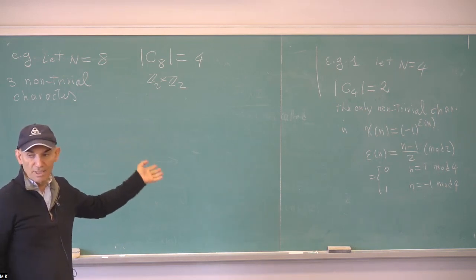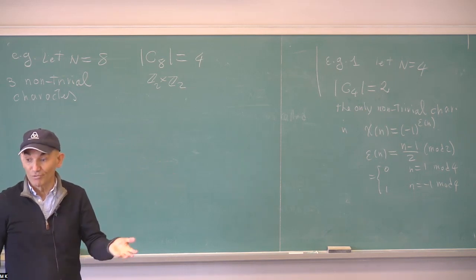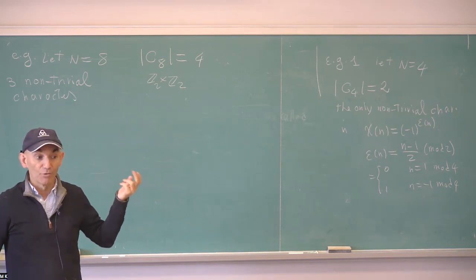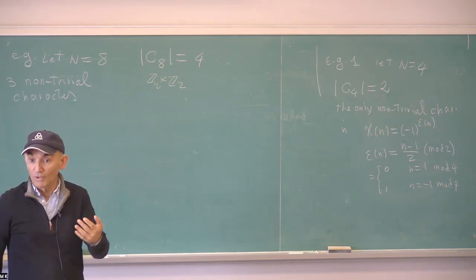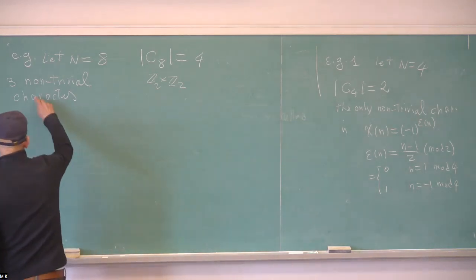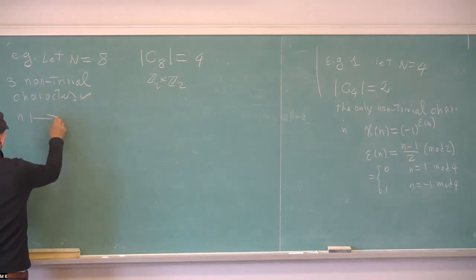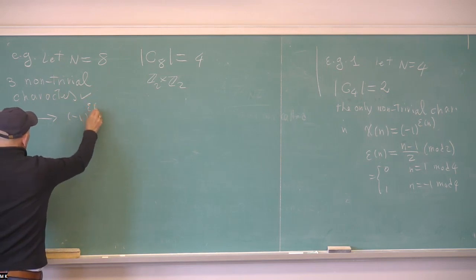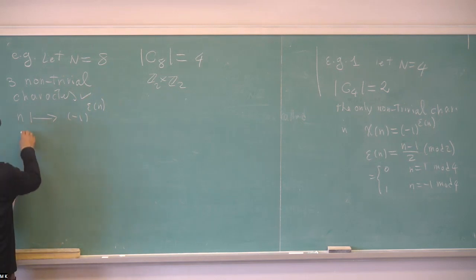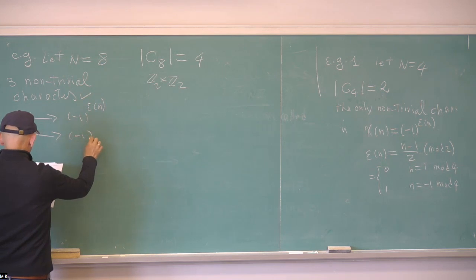The number of characters is equal to the number of elements in the group, and the dual group is isomorphic, non-canonically, to the group itself. So there are 4 characters. One of them is the trivial one, so there should be 3 non-trivial characters. These are the ones: n to (-1) to the epsilon n, where epsilon is the one that I introduced over there. The other one is n to (-1) to w n.